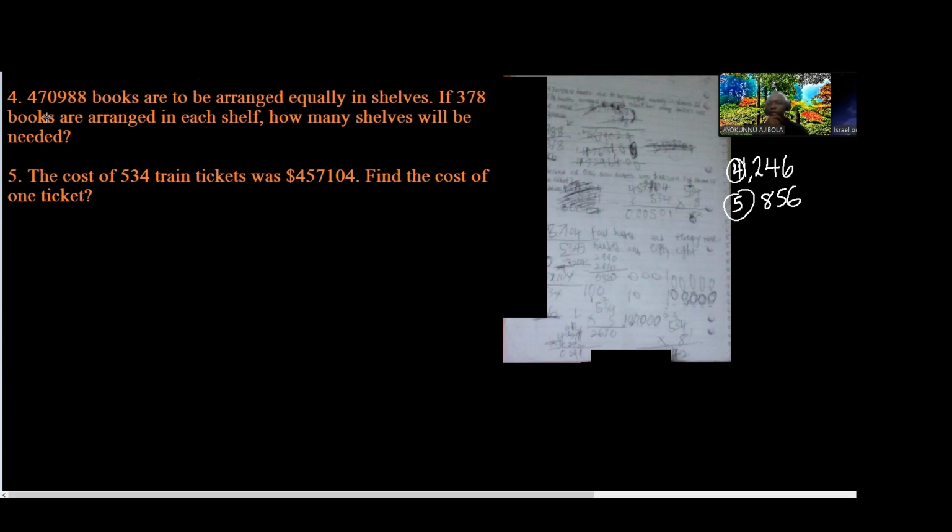Let's try the first one. You're right in saying we have to divide them. For number four, we have 470,988 divided by 378. So this is what we have.